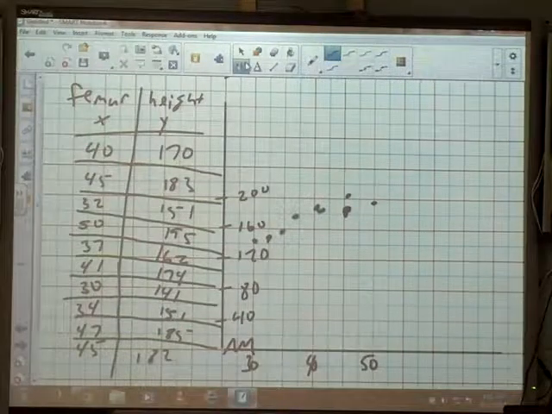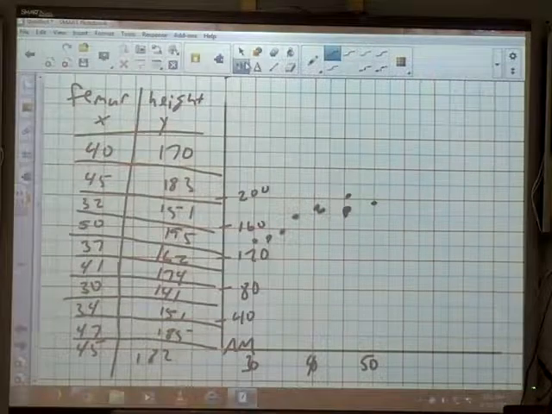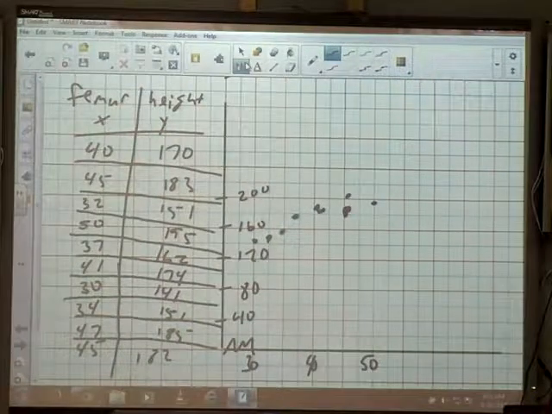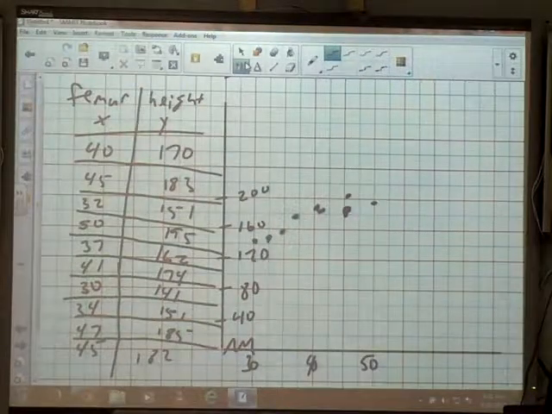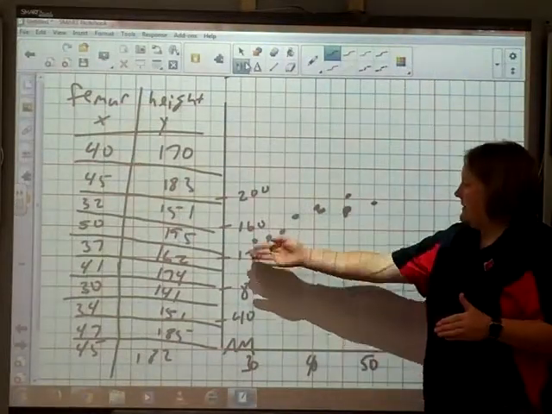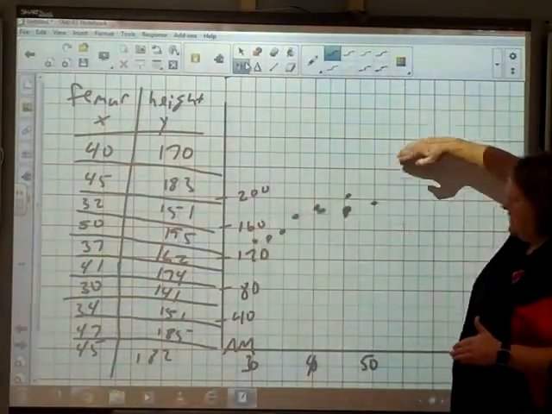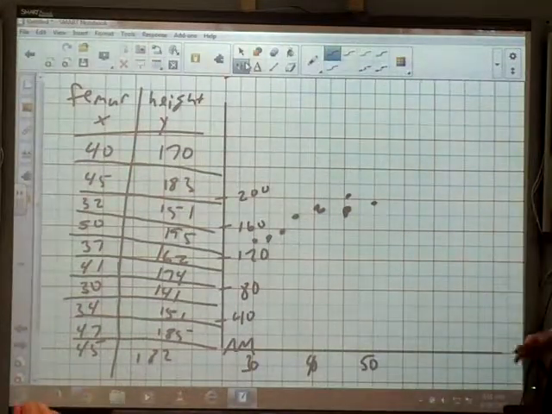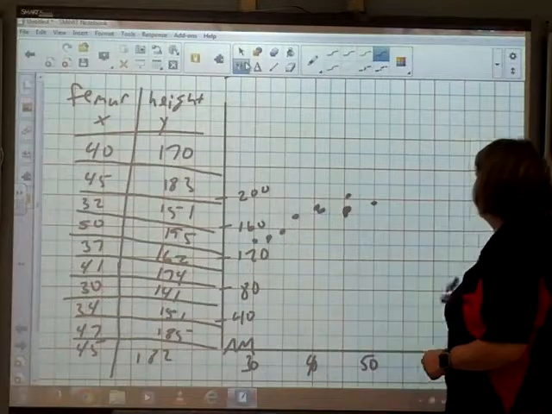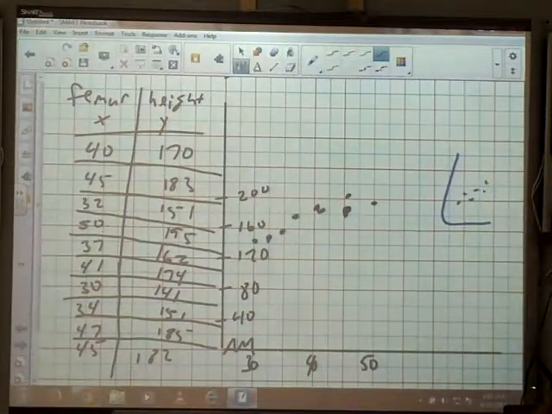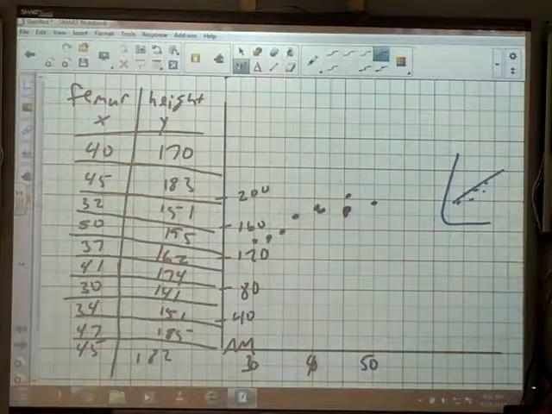Okay, the first question that I asked you was, does the data show a linear relationship? Yes, Dalton is correct, it does. I could draw a line of best fit that would represent those points, because even though they don't all fall directly on a line, they do look like they've got a good positive slope. Draw this over here on the side, I could have something that looked like that. That would have a positive relationship.